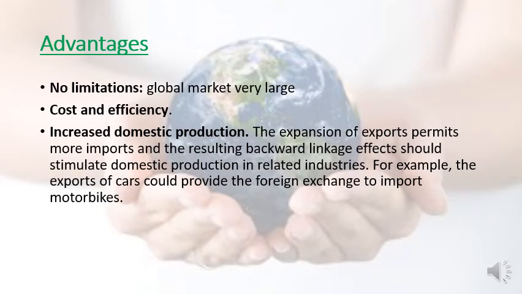So because we're producing more and we're exporting more, it frees up foreign exchange for us to import more. So there's a backward linkage in this market. Because we are exporting more, we can import more, and therefore other businesses can also benefit in the production of different goods and services. For example, if we export cars, obviously there's more foreign exchange coming in, and therefore that foreign exchange can be used to import different motorbikes.